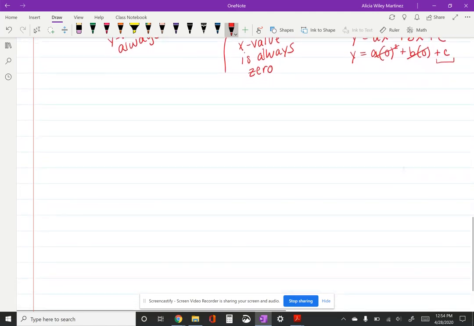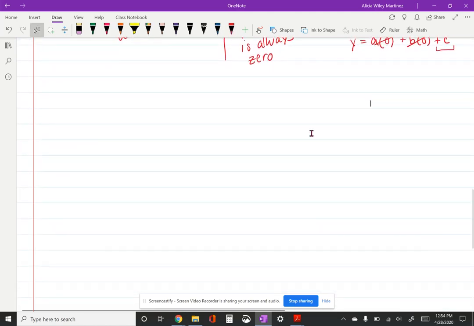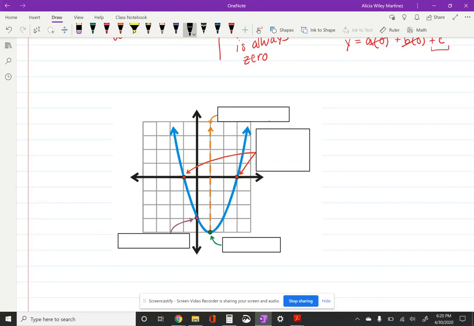Okay, so let's take a look at all of this together. We're going to look at this example here. In this example, we have a picture of a graph. This is a quadratic graph. You can see that the shape of it is a parabola.